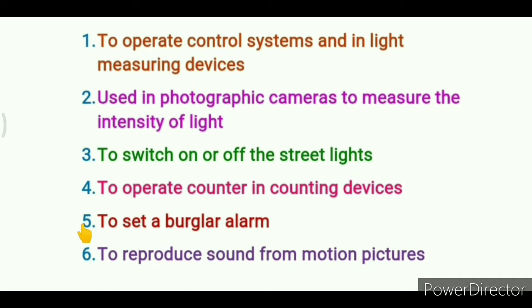So when the light from the infrared source is made continuously incident on the photocell, the photoelectric effect is continuous.